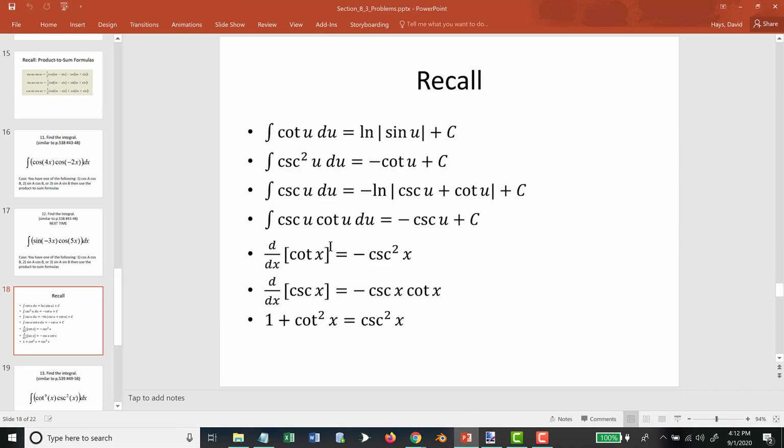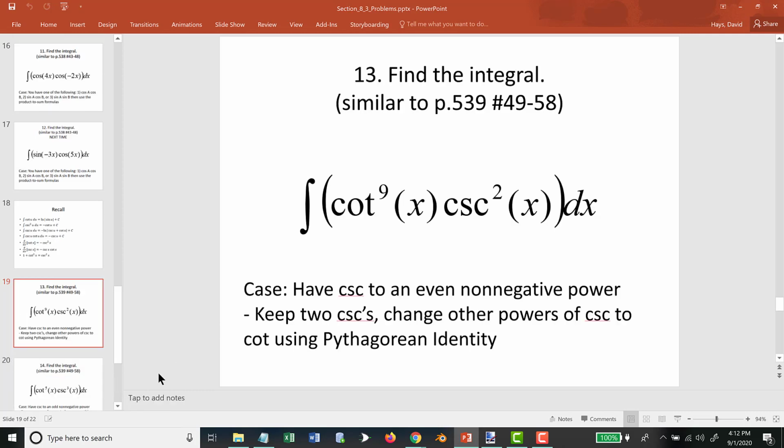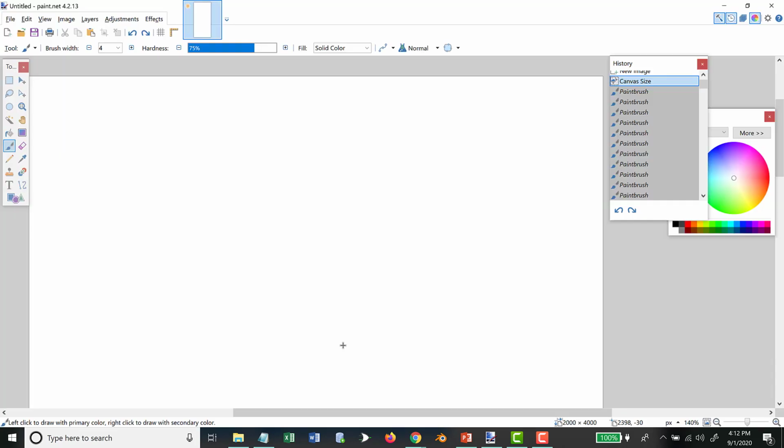Okay. Now here's some more formulas. Our integral formulas, our derivative formulas, and then our Pythagorean. So let's take a look at this problem, number 13. Grab a drink here.